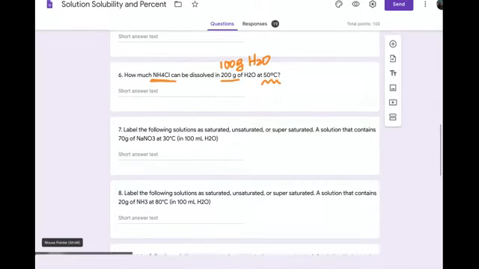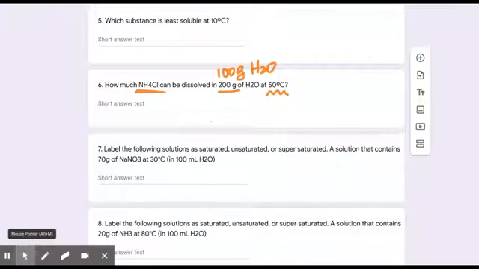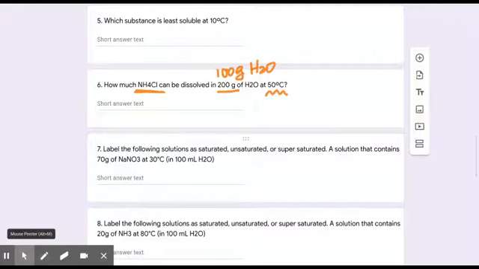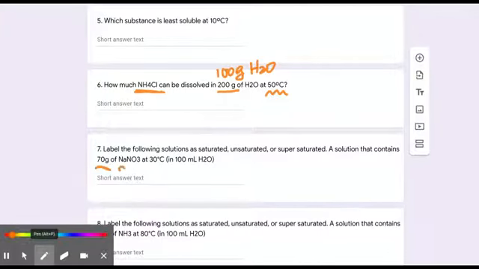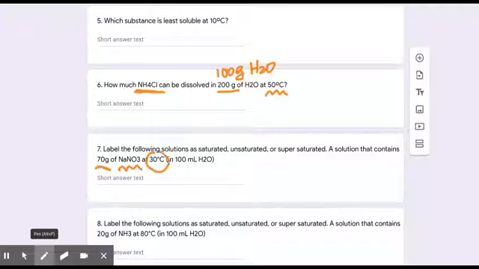Right? Number 7. Label the following solution as saturated, unsaturated, or supersaturated. A solution that contains 70 grams of sodium nitrate at 30 degrees Celsius. Okay, let's find sodium nitrate at 30 degrees Celsius.